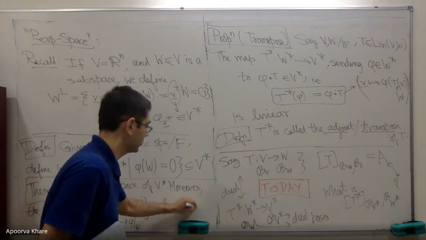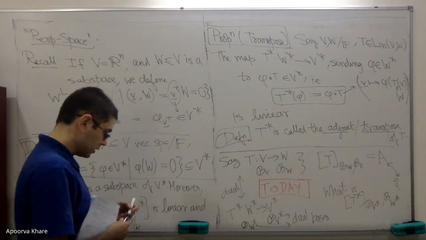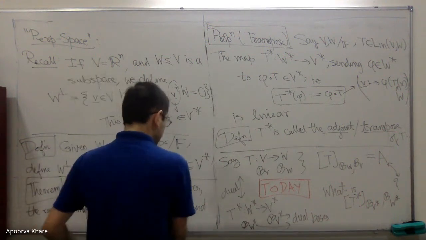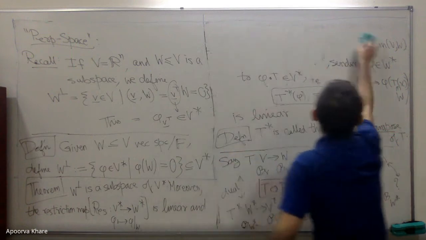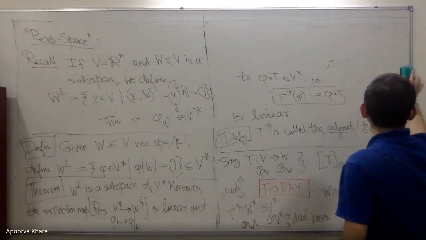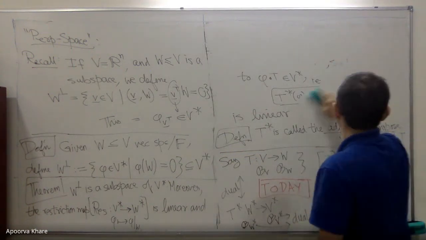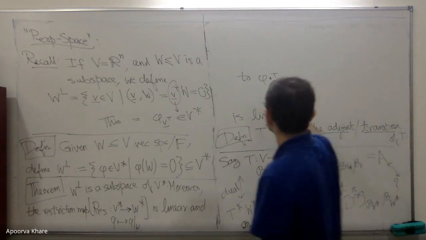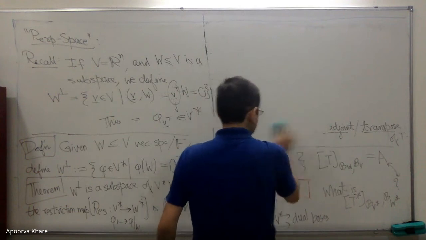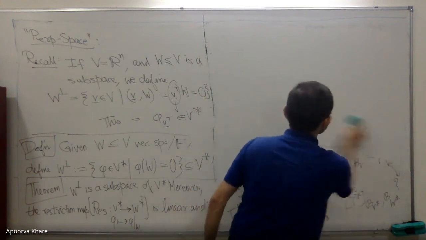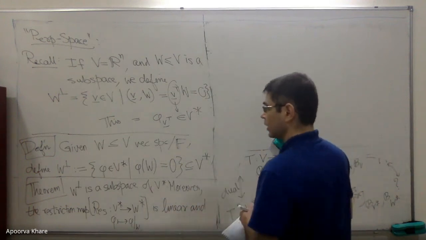That's pretty much obvious. It's also onto. So every functional in W star is covered: a functional can be extended to a functional in V star.